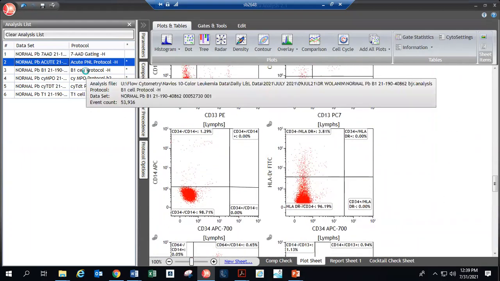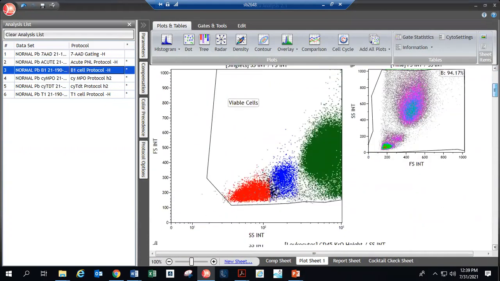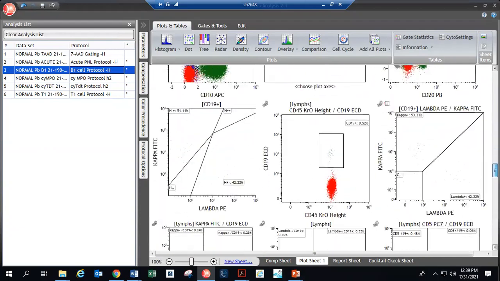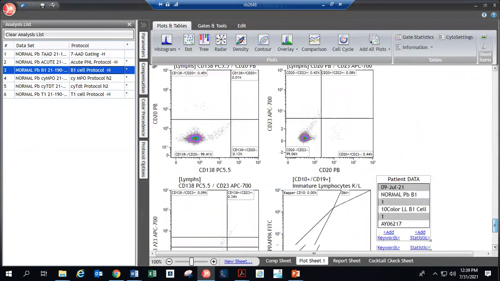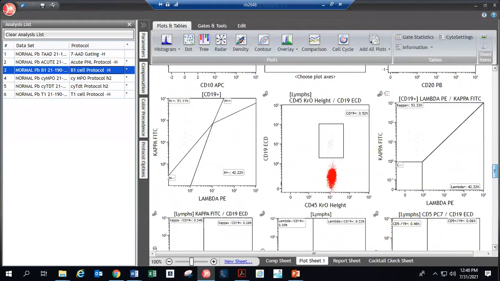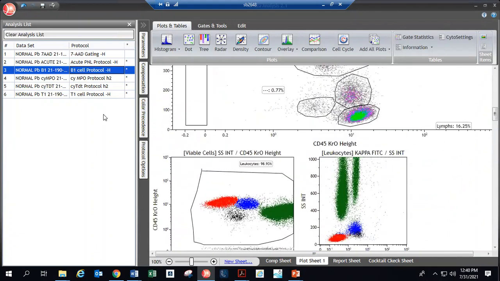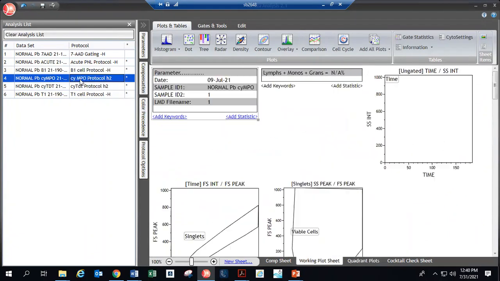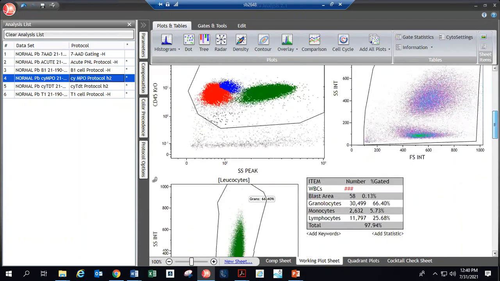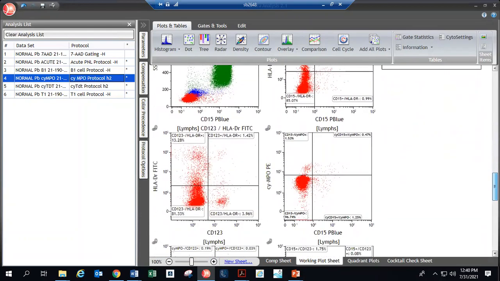Let's see the B. So one thing to remember in the B over here, we don't have that. I wanted to show that. It's somewhat similar. Cytoplasmic MPO, this is what I was talking about. So normally in the peripheral blood, you will not have MPO that is positive.